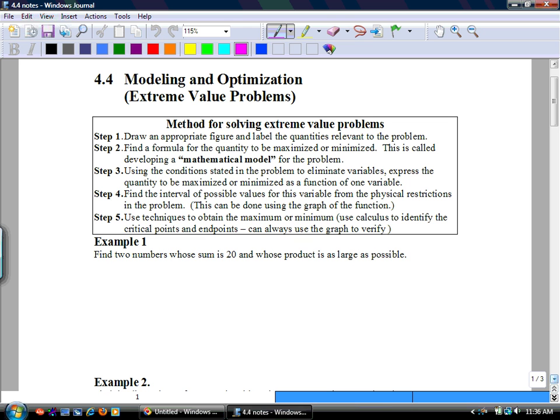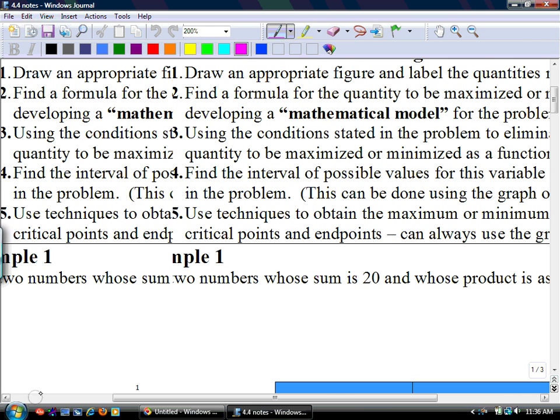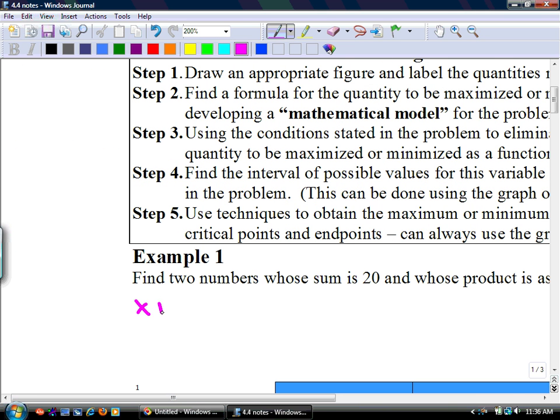I don't need a statement, let x be the first number and let y be the second number. So x plus y equals 20, and whose product is as large as possible. Product equals x times y.